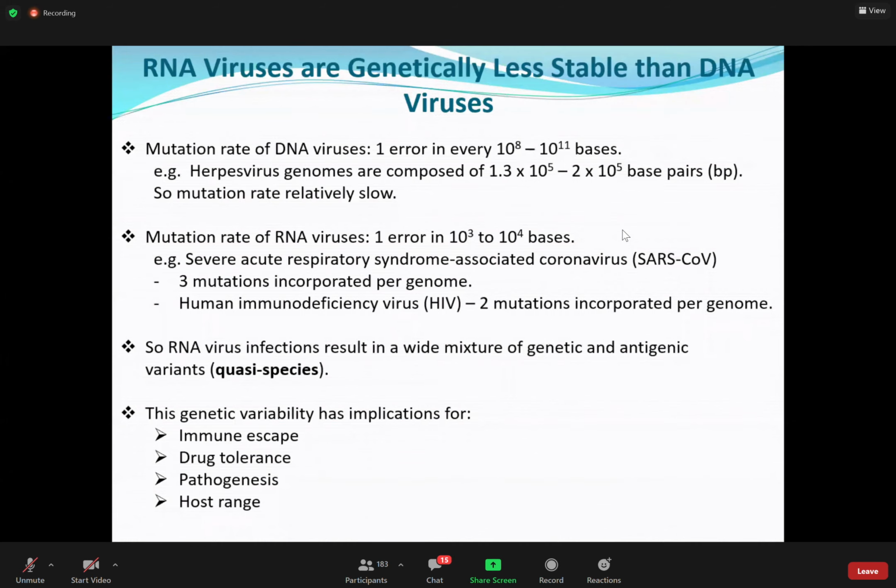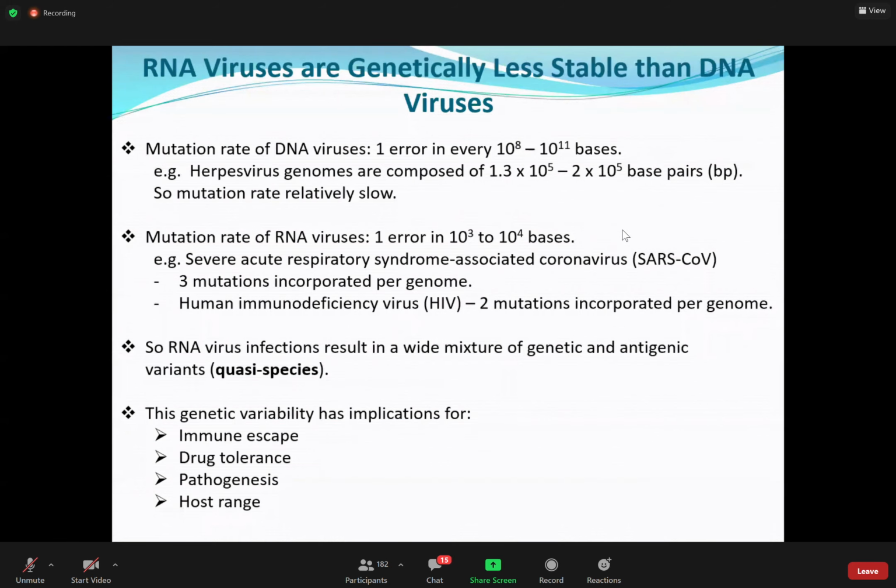One of the reasons for this is that this enzyme, RNA-dependent RNA polymerase, has no proofreading capabilities. When you get replication of DNA, the DNA-dependent DNA polymerase has various enzymatic functions where it reads the nucleotides inserted into the newly made DNA template.